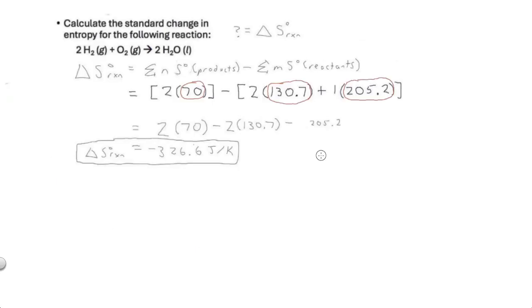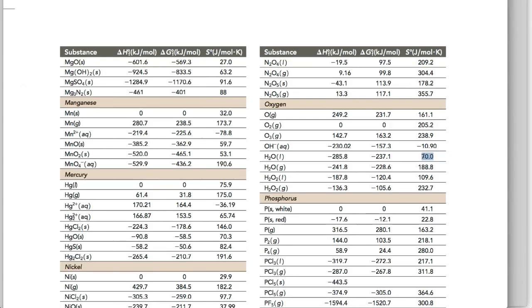Now, let's make sure you understand where these numbers came from. These numbers are taken from the table. This number 70 refers to the standard entropy level for the H2O liquid product. Here's where we got that number 70 from the table. We're looking in the third column of the table.